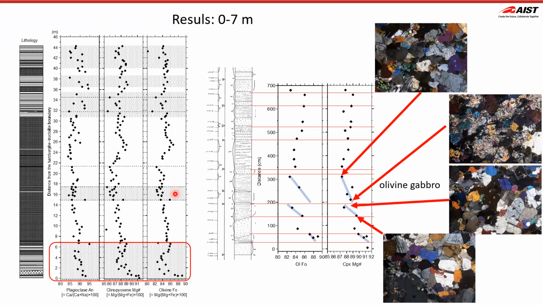If we look at the details, this apparent duplicate or double variation trend is actually some zigzag patterns like this that correspond to layer boundaries. Lithological change is not significant, thus it's a true cryptic variation.